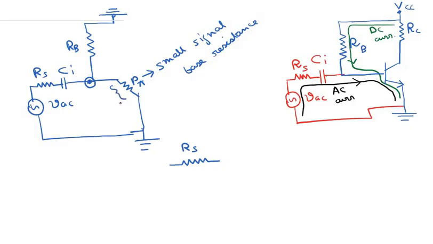One is this base to emitter small signal resistor R pi, and another is this resistor RB over here. We put these two resistors between this point and the ground.